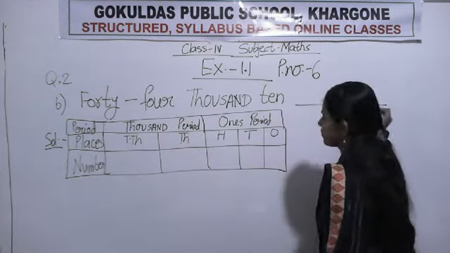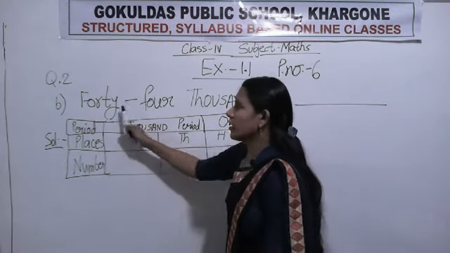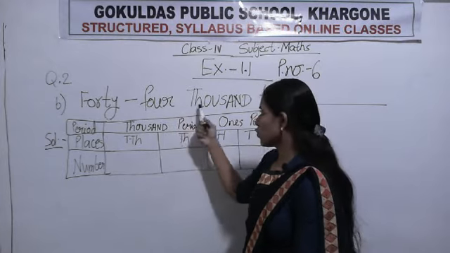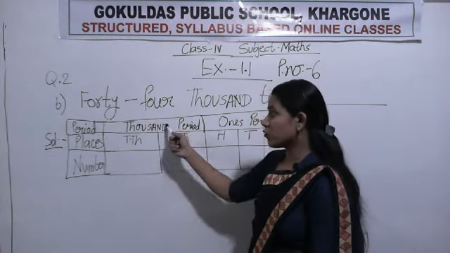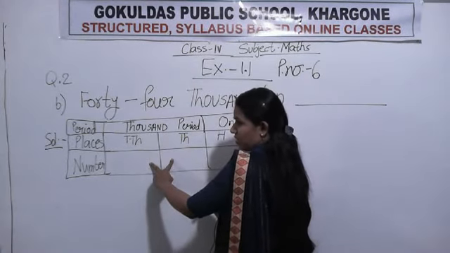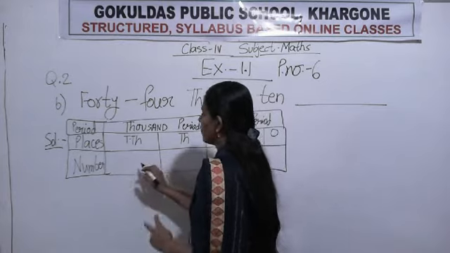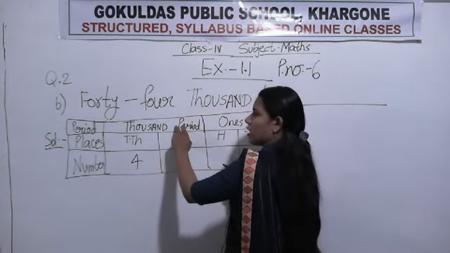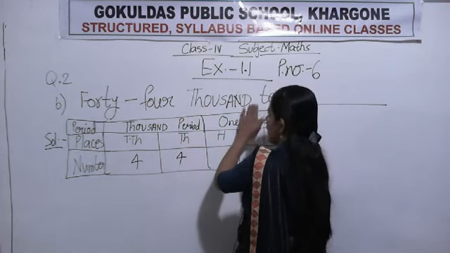Okay. So 44 is written before 1000, so you will write 44 in the thousands period. Here you can see that in the thousands period two places are there, so you will write 4 and 4. That is 44,000. Okay, so you have done up to here.